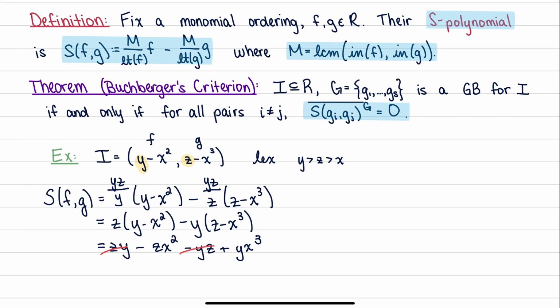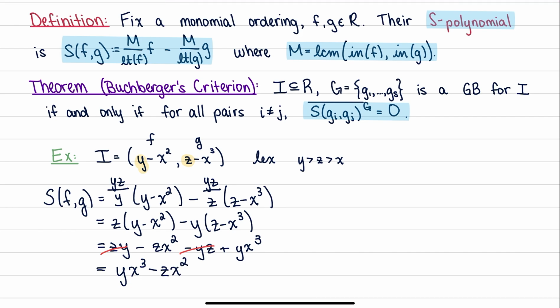Those cancel as intended. The whole point of this S polynomial is that the terms that came from the leading terms of f and g are going to cancel with each other. So now we are left with yx cubed minus zx squared.